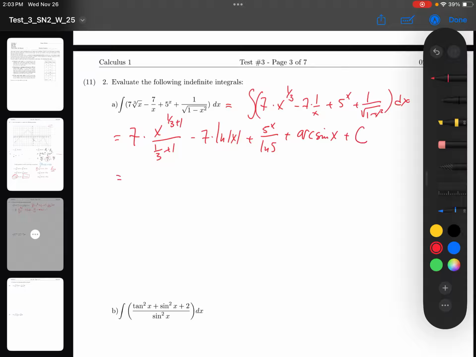Of course, make this slightly nicer. This is 21 over 4 times x to the power 4 over 3, minus 7 times ln of absolute value of x, plus 5 to the power of x over ln of 5, plus arc sine of x, plus c.